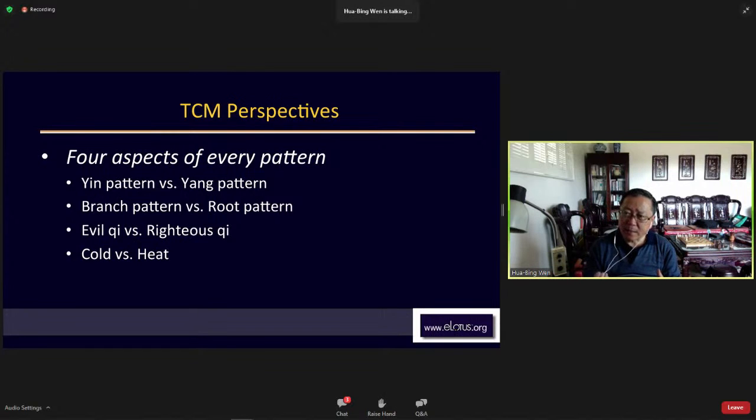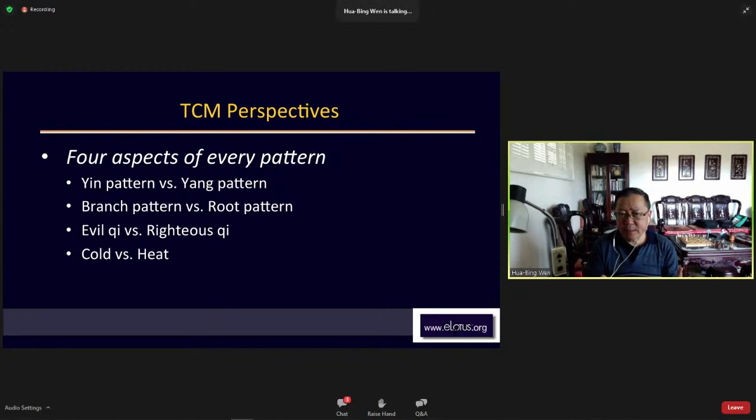Instead of using tonics, you need to use a purging, eliminating, reducing approach. So the yin and yang pattern: yang represents the righteous qi, yin represents the evil qi. That assessment, through the whole course of treatment, is the first thing first.